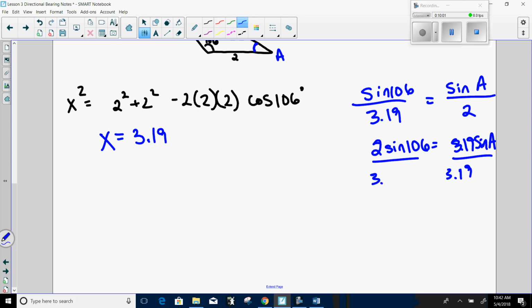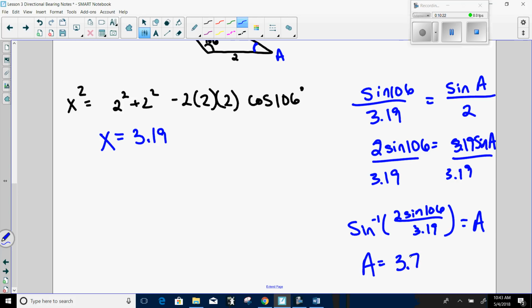Take the inverse sine to figure out what A is. Use your calculator and we'll figure out what that is. So angle A is 37.06 degrees.